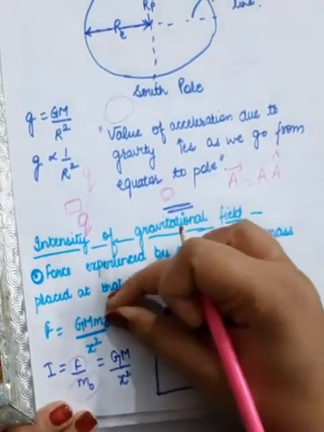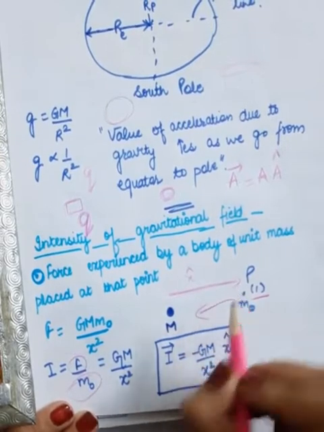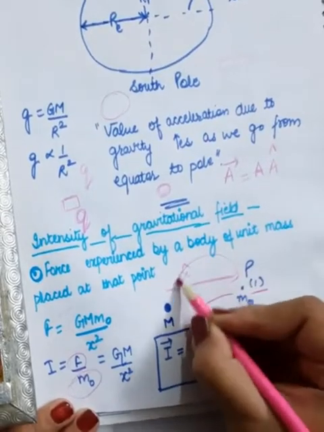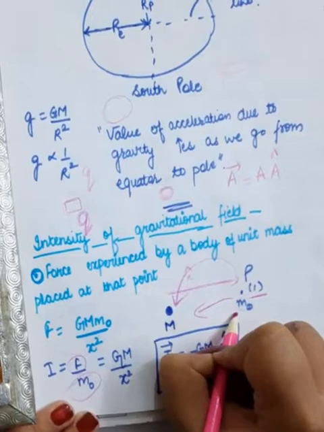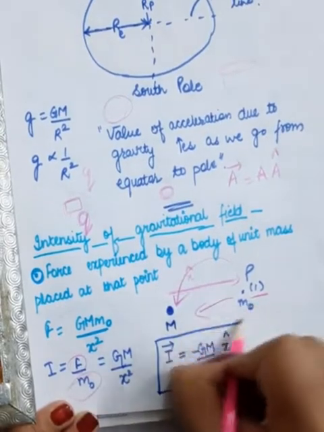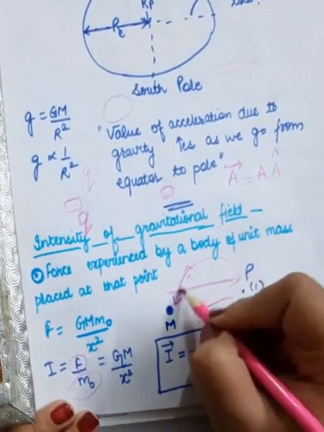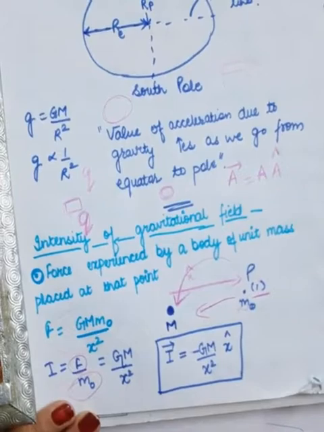Direction x cap के opposite है. x cap direction है m से m naught तक. लेकिन जो भी intensity of gravitational field है, see that this mass is getting attracted towards this side because this is a smaller mass. I told you, when you want to check, you bring a tester there, and that tester is a smaller magnitude. So this is the direction of intensity. So that's what I have done over here.